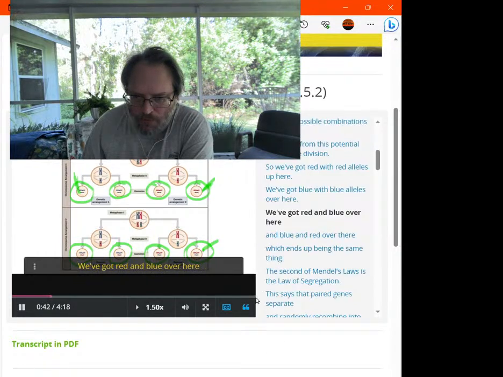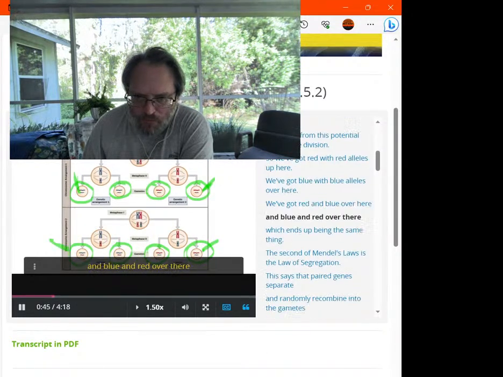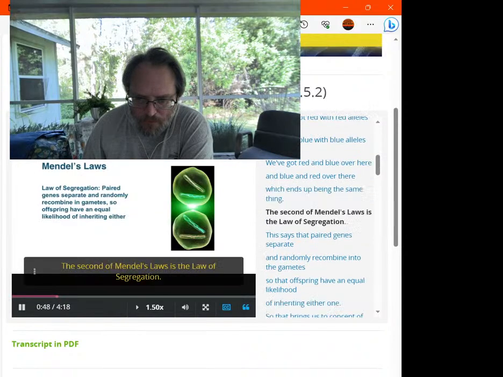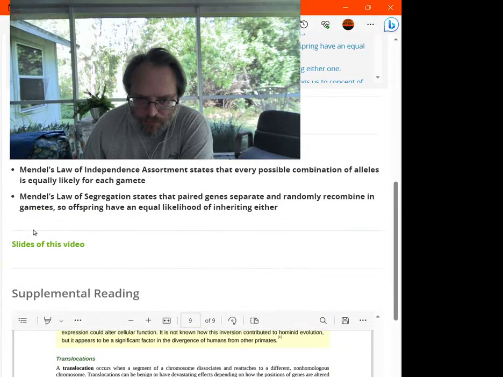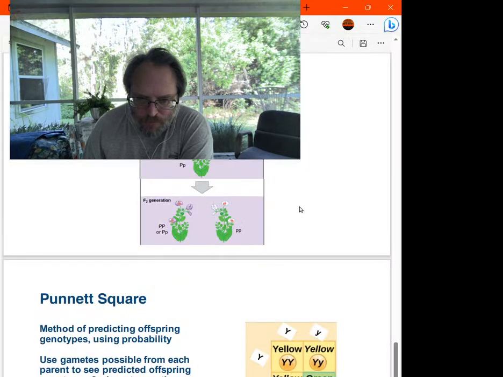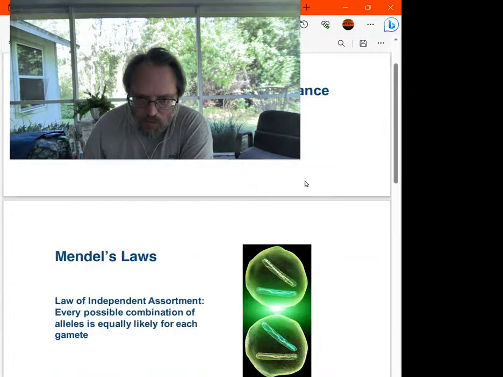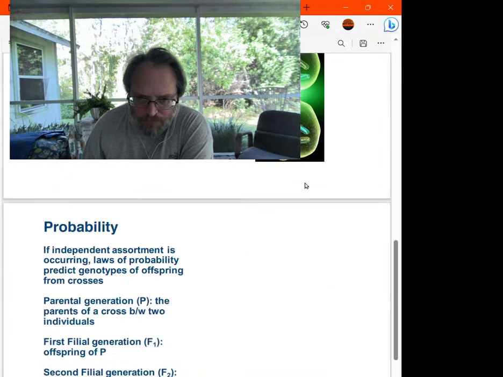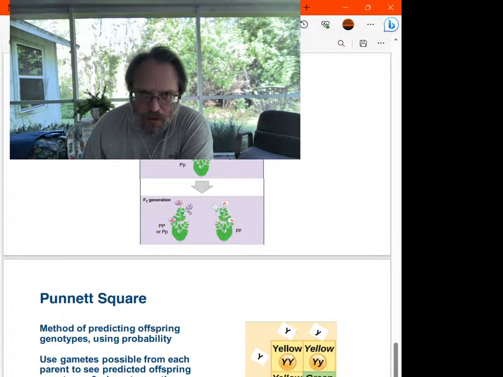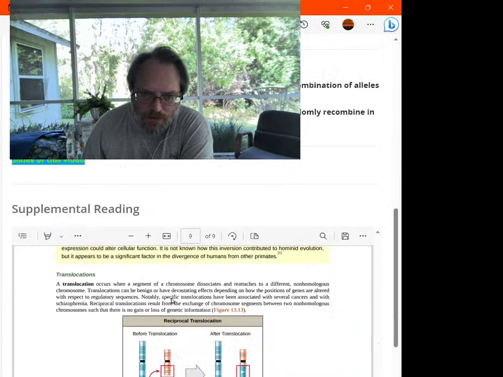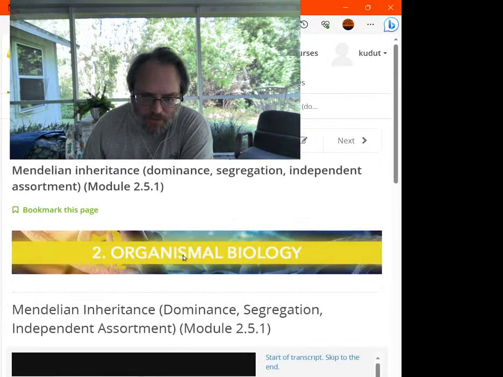We've got red and blue over here, and blue and red over there, which ends up being the same thing. The second of Mendel's laws is the law of segregation. This says that paired genes separate and randomly recombine into the gametes so that offspring have an equal likelihood of inheriting either one. So that brings us to the concept of probability. If independent assortment is occurring, the laws of probability predict.